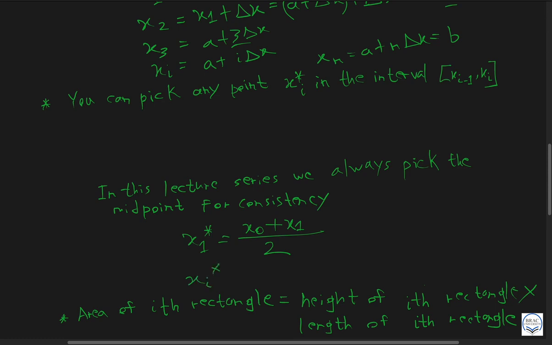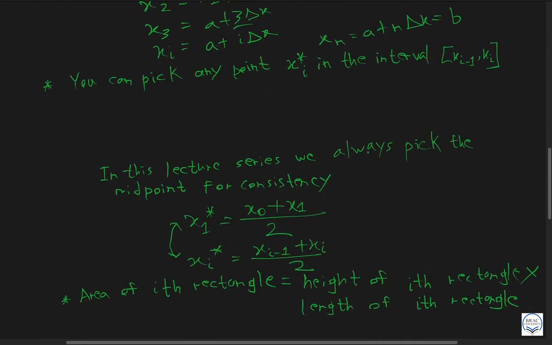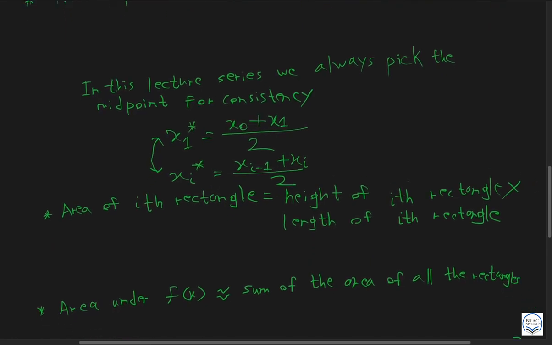From this you can see that xi star will be equal to x(i minus 1) plus xi, divided by 2. You can see that for i equals 1, x1 star is x0 plus x1 divided by 2. So these two satisfy each other. Similarly, this formula should be true for all of these midpoints.